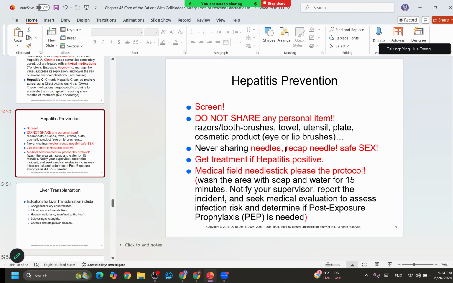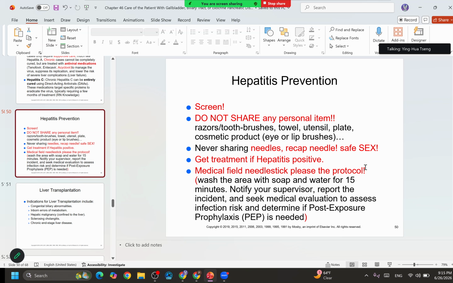And also this is a big question. Okay, for all the nurses, you want to prevent hepatitis B in the hospital. So what is the best way to practice? Do not recap the needle.